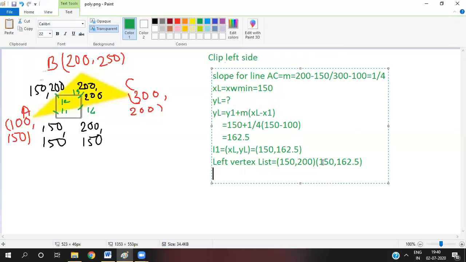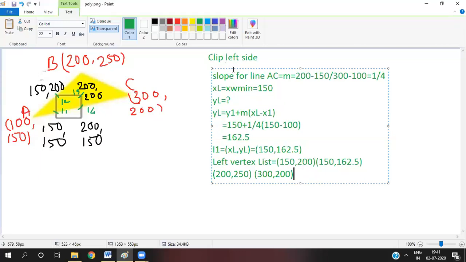Left points are completed. Basically keep the remaining points as they are. This is the left clip only, so keep point B as it is, and keep point C as it is as well, because we are just dealing with the left hand side currently. Left side completed.